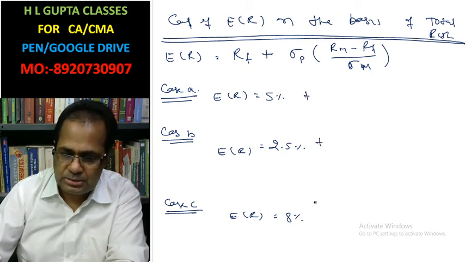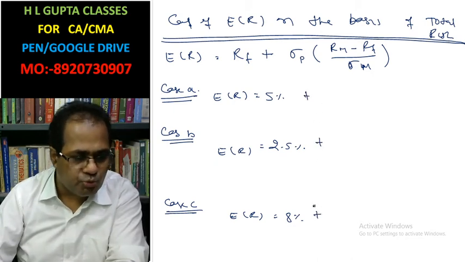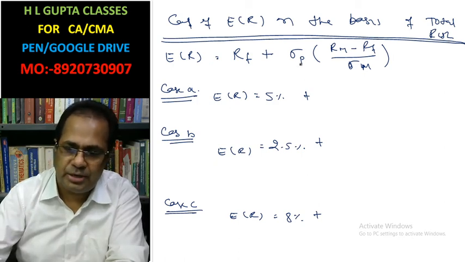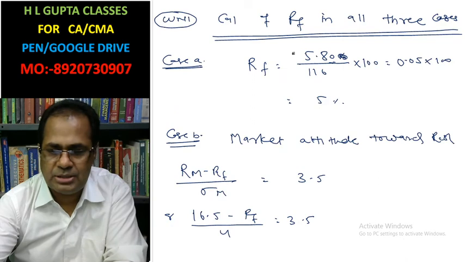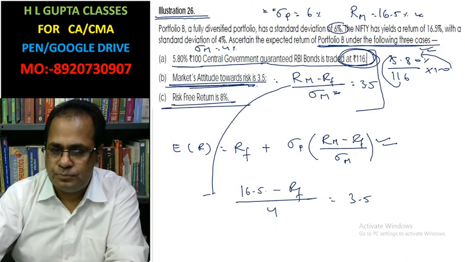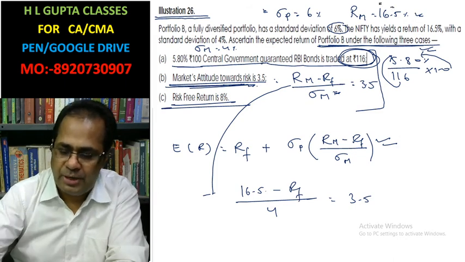Plus portfolio standard deviation. Portfolio standard deviation is given in the question, that is 6, and return of market is 16.5. The standard deviation of market is 4.